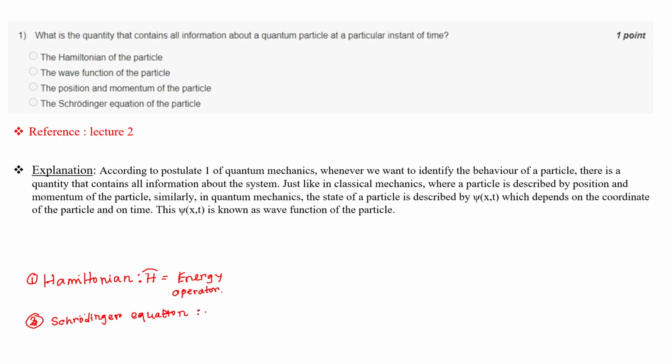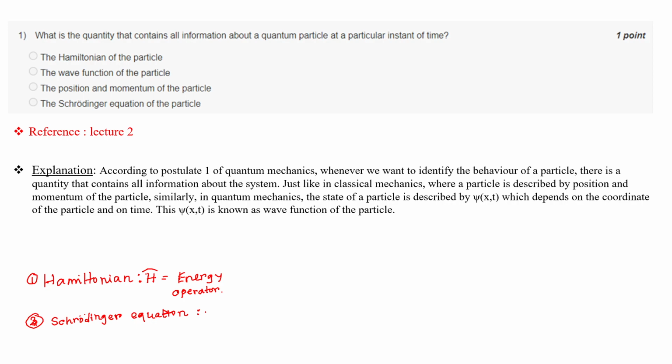Actually, you have seen the significance of psi. What is the significance? What is psi? Is it a real value, or is it a complex function? Sir, complex function.